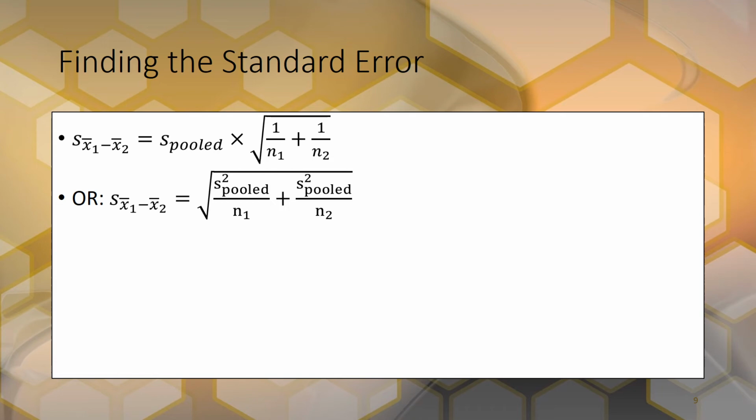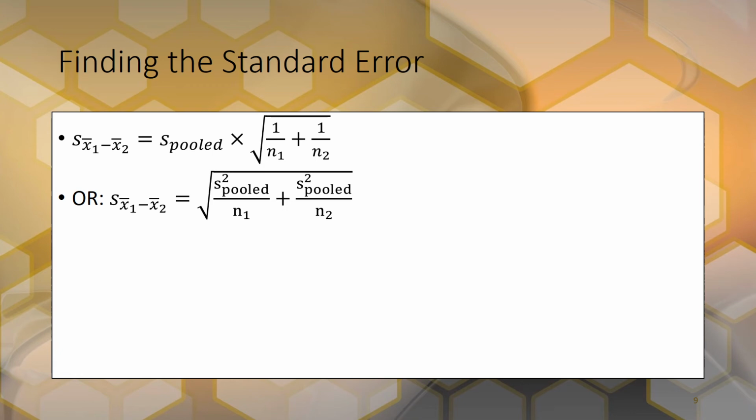The standard error, if you remember from the central limit theorem, is how far a typical sample mean is from the population mean. That is for a one sample mean test. But when you have an independent two sample t-test, then the standard error is about the variability in the difference between the sample means.